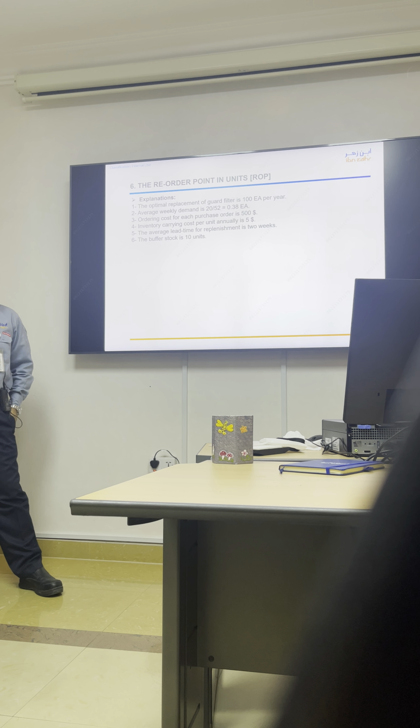The average lead time for replacement is 2 weeks, and the buffer stock is 10 units. So EOQ equals square root of 2 multiplied by 20 multiplied by 500 divided by 5 equals 63, as we discussed before. And ROP equals 0.38 multiplied by 2 plus 10 buffer stock equals 10.76.